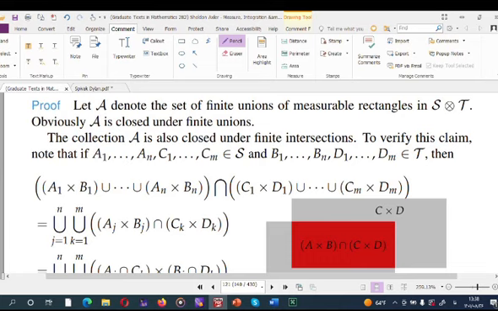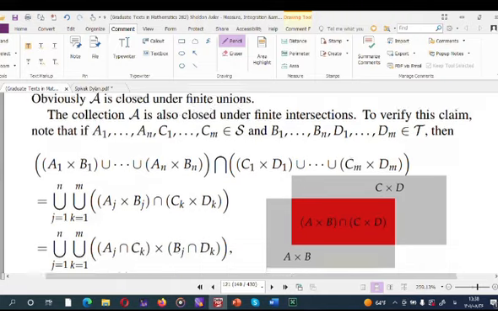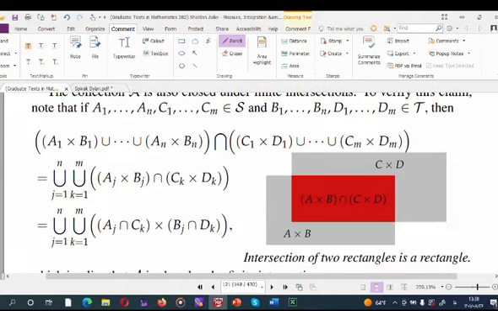Okay, and this is another finite union of measurable rectangles. The intersection of these two equals this, and this equals this, and we know that this is a measurable rectangle, so that this is a finite union of measurable rectangles.